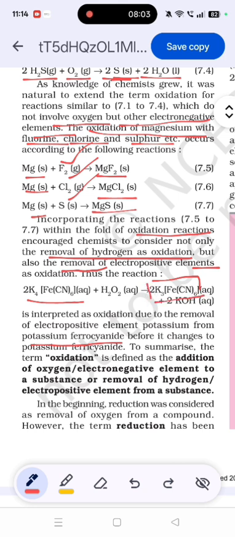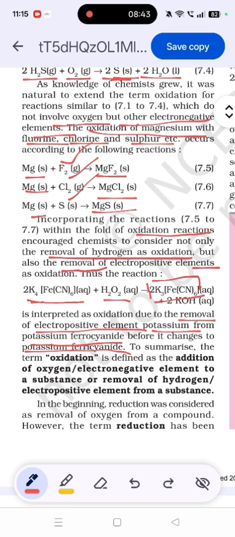Here, when H2O2 is added to potassium ferrocyanide, K4Fe(CN)6, there is a removal of the electropositive element potassium from potassium ferrocyanide before it changes to potassium ferricyanide. So potassium ferrocyanide is changed to potassium ferricyanide by the addition of H2O2, and here what happened is the removal of an electropositive element.